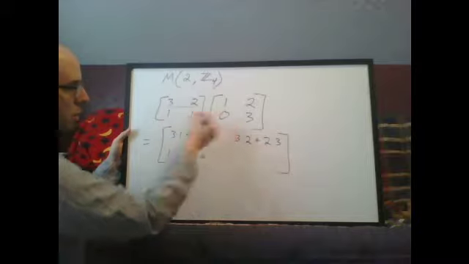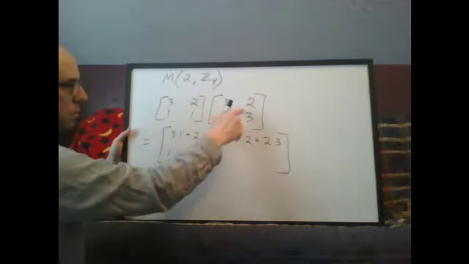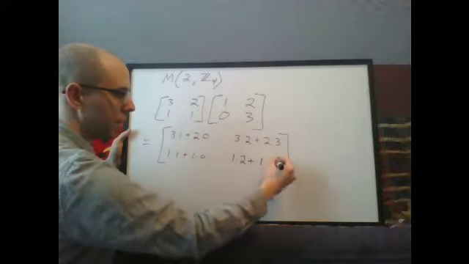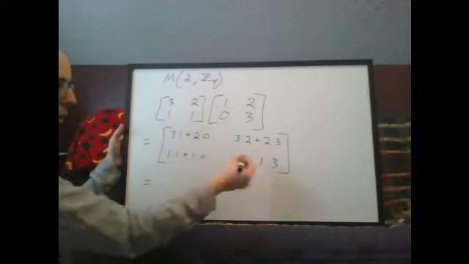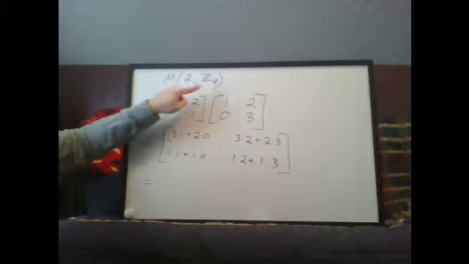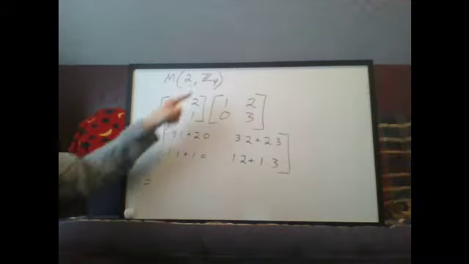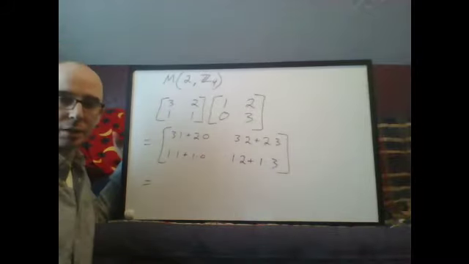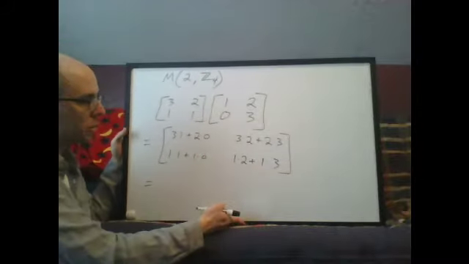And for this, I do 1 times 2 plus 1 times 3. But all these multiplications I see here are done mod 4, and the additions are also done mod 4, because that's the underlying ring operation that we're using for our entries.